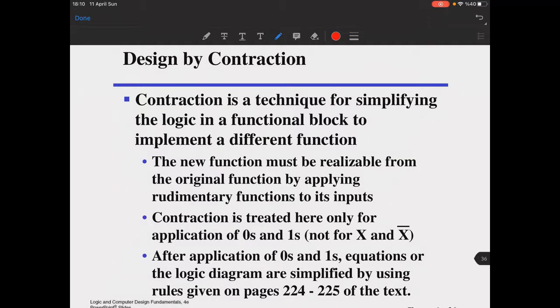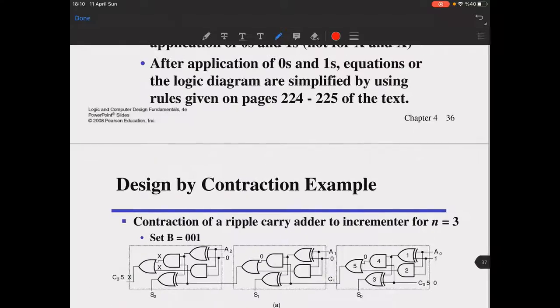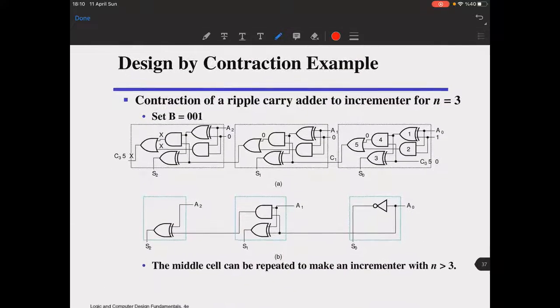So you just apply the numbers here instead of this one. Just take a look at this example and we will understand it better, hopefully. Now we have an adder here, but instead we will use it as an incrementer. So you will have your A plus B circuit here for 3 bits. A 3-bit addition is what you're doing here.